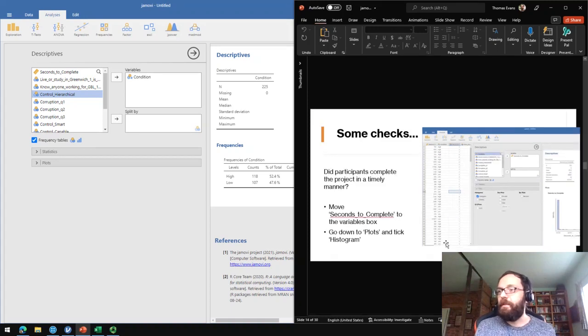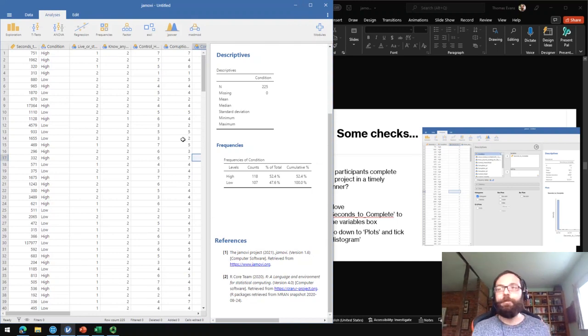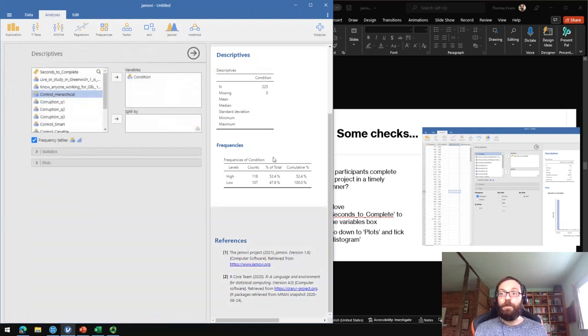So next, we can do another thing to test out some of these exploratory functions, which is let's have a look at whether participants completed our study in a timely manner. If you want to carry on, you can click on the analyses you just did on the right-hand side and change which variables you're selecting.